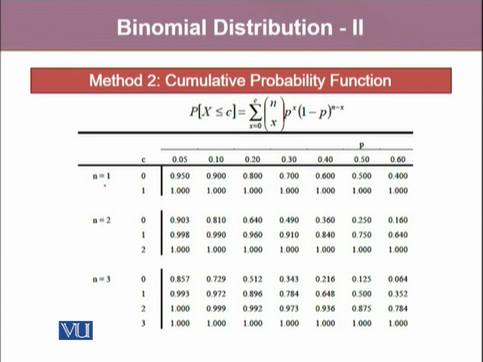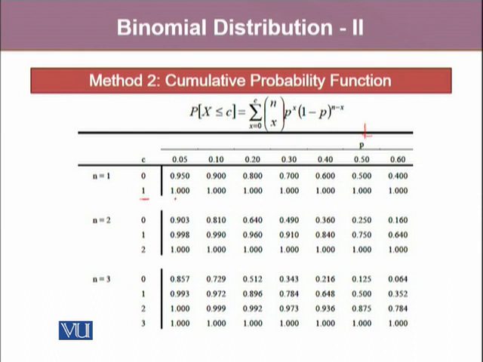Over here, with n equals 1 and c, the number of possible successes that can occur within a trial, and the probability p, which is success for that specific event, are given on the column.